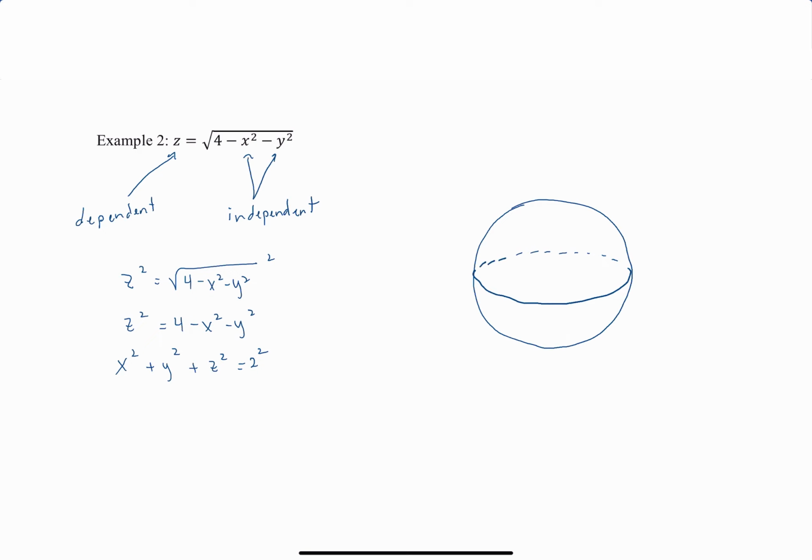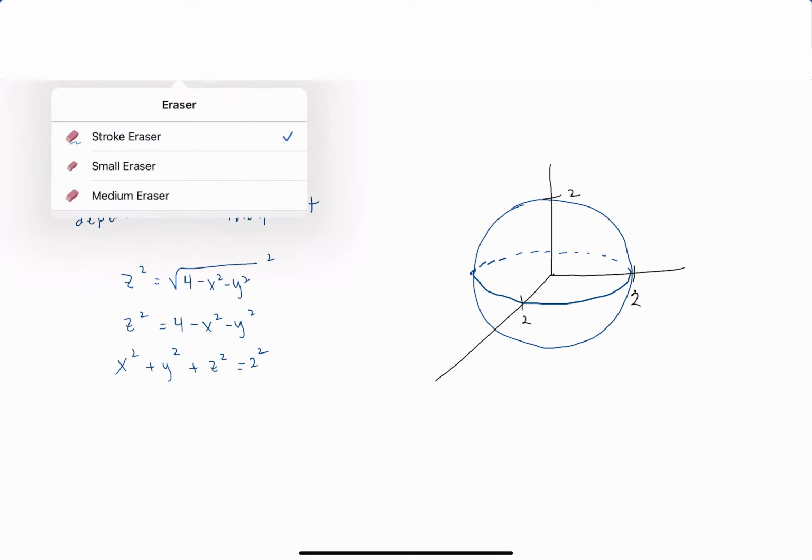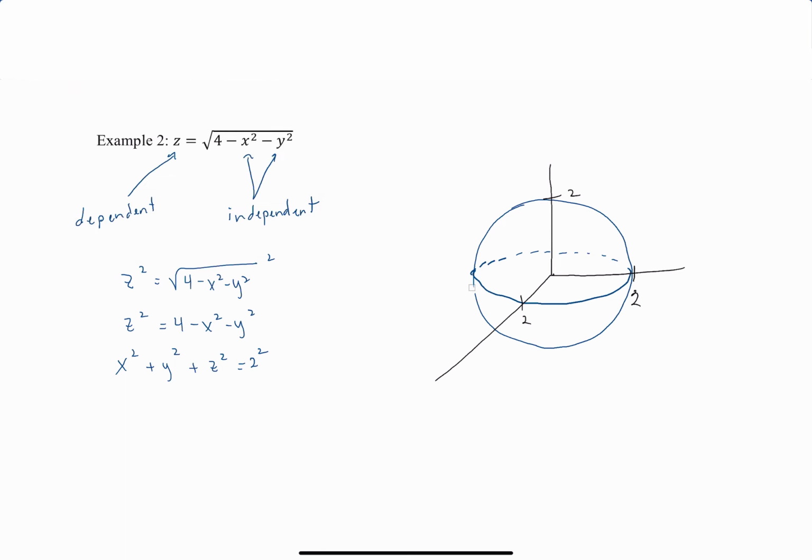In this particular case, our sphere is centered at the origin, so my axes should go right through the origin, and then I can mark what the radius is after I've put the axes in. And as we said, this is just the upper half, so let me take away the bottom half of the sphere.